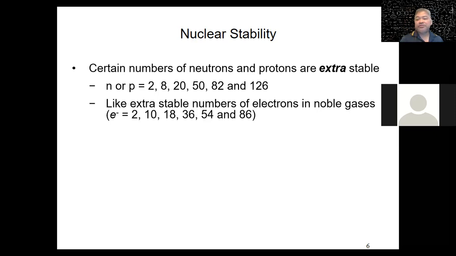When we're talking about nucleons, we're talking about the protons and the neutrons. Now, this strong nuclear force is much stronger than the electromagnetic force at short distances. However, the electromagnetic force is more significant over longer distances.